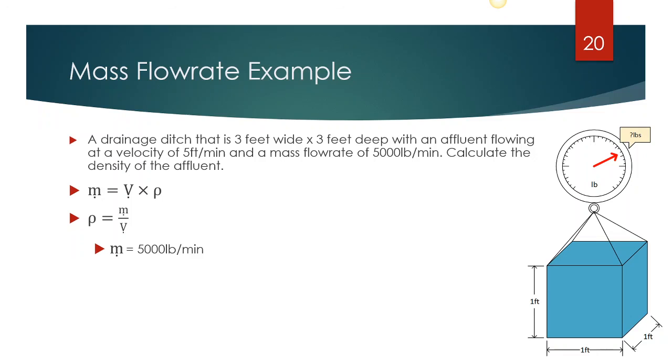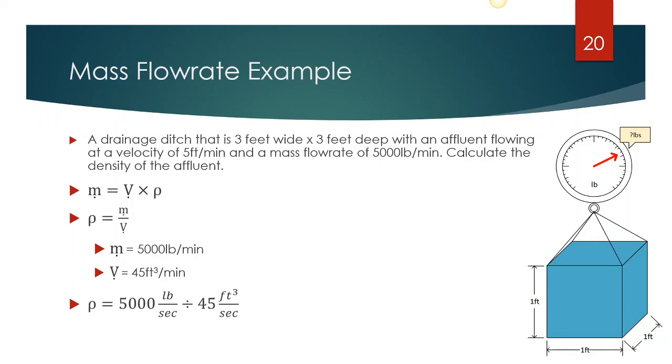So we're going to take our mass flow rate of 5,000 pounds per minute and our volumetric flow rate of 45 cubic feet per minute. And now it's important in this formula that you keep the time units the same, and also that we're using the same measurement system. So I'm using the imperial system here for both pounds and feet. You wouldn't want to use like kilograms and feet, or pounds and meters.